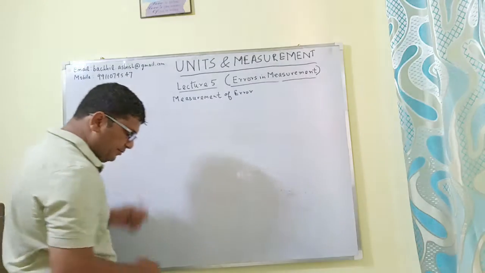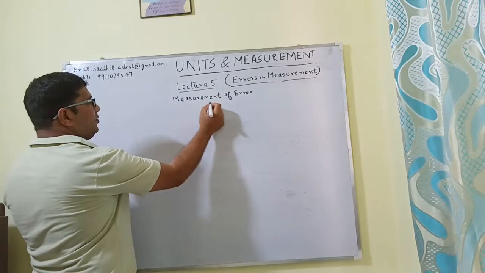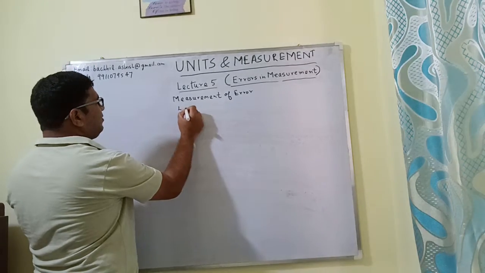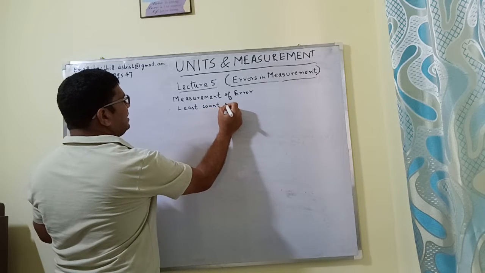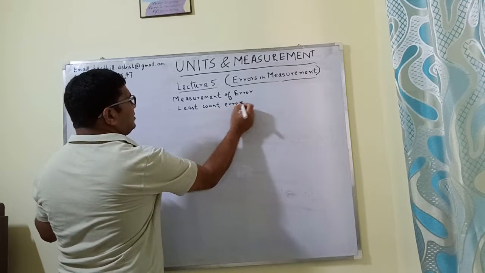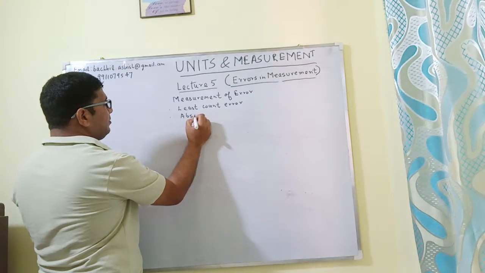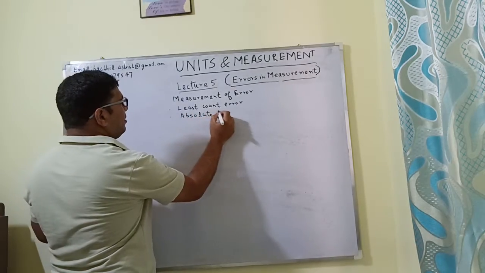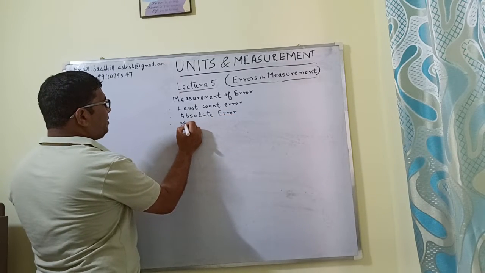The next topic is, see here, one was the least count error. The second topic is the absolute error. The third one is the mean absolute error.